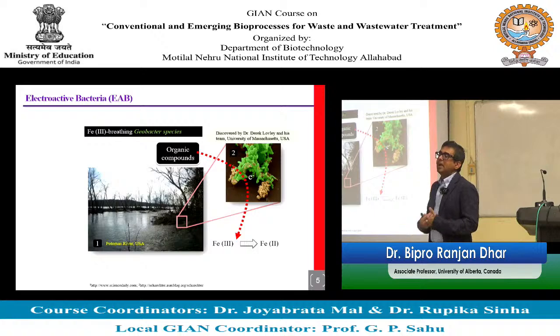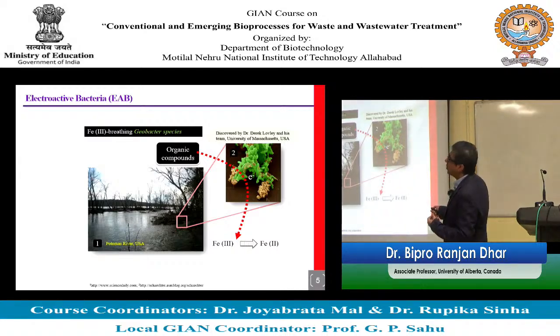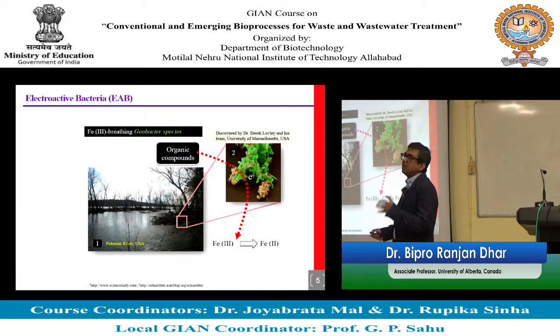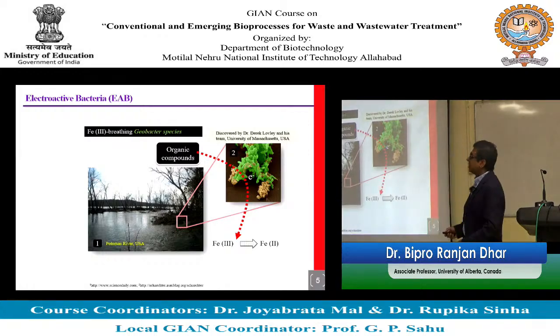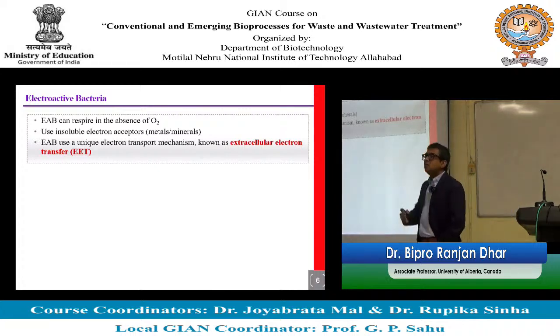But when microbial fuel cell research became very popular and people started doing microbial analysis to know what kind of microbes are there, they found that in most cases Geobacter species is a common type of microbe, most of the time found on the anode surface of microbial electrochemical cells. EAB can do respiration.